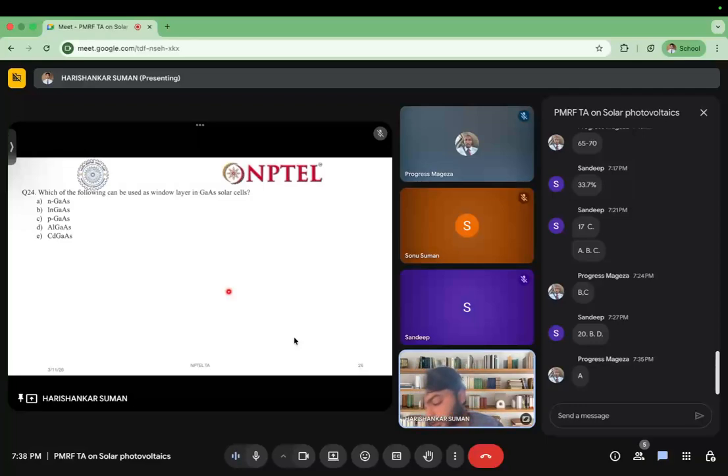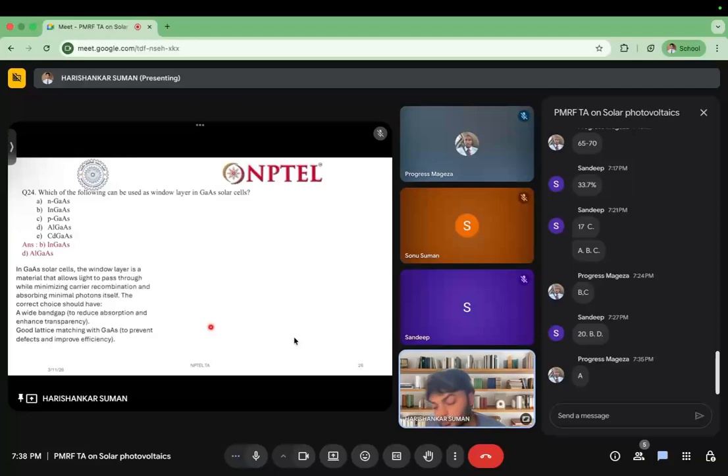Indium gallium arsenide or aluminum gallium arsenide, as we discussed earlier, can be used as window layer in a gallium arsenide solar cell. A window layer is a material that allows the light to pass through, minimizes carrier recombination, and absorbs minimum photons. The choice should have a wide band gap to reduce absorption and enhance transparency, and good lattice matching with the gallium arsenide to reduce defects and improve the efficiency.